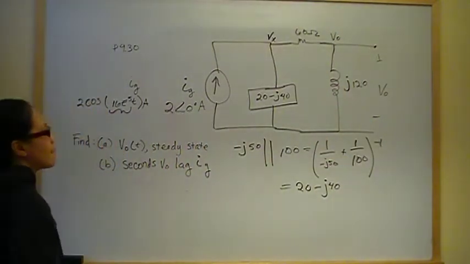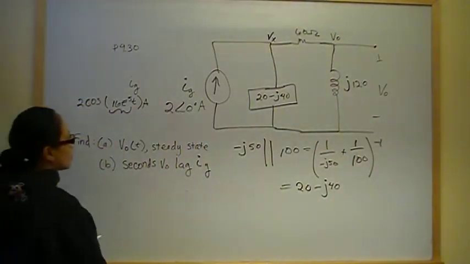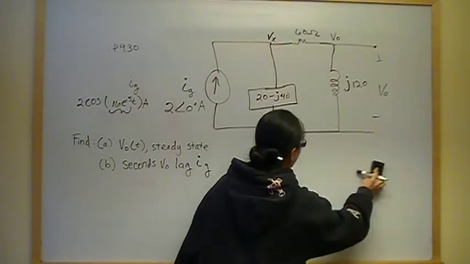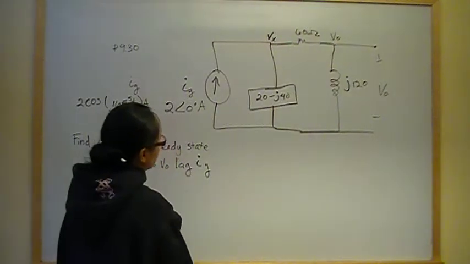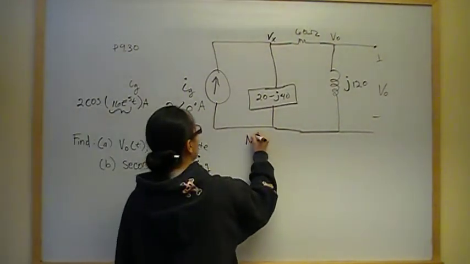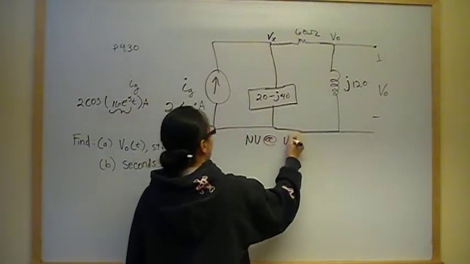Now I'm going to set up my node equations for this. The first thing we need is two equations because we have two unknowns. So node voltage at Vx.